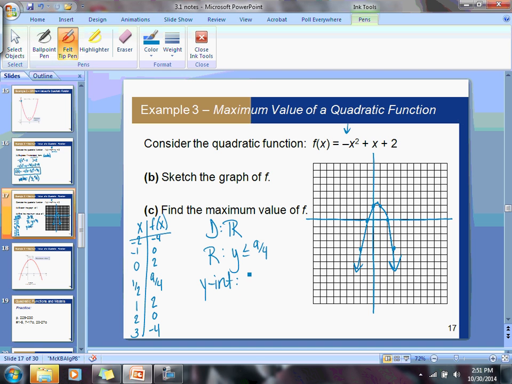The graph crosses at 0, 2, so it crosses the y-axis. And we actually get our x-intercepts on our table of values and on our graph as well. So the x-intercepts are going to be right here, -1, 0, and 2, 0.